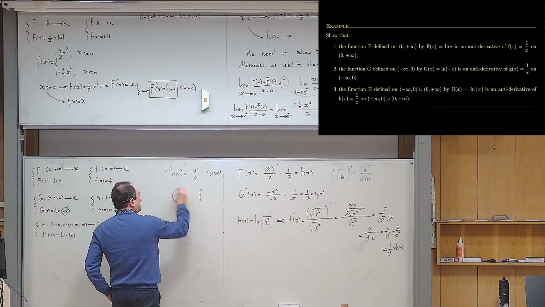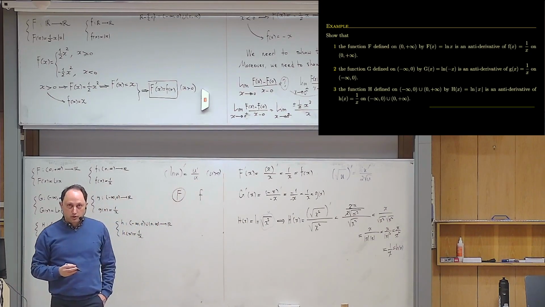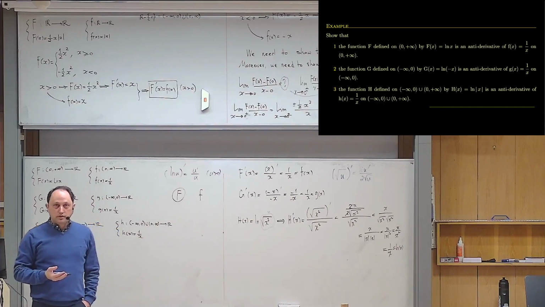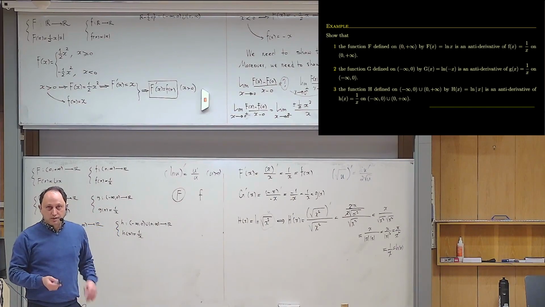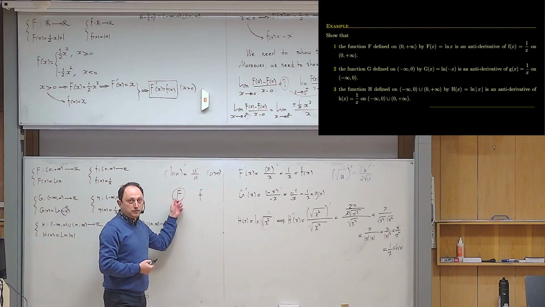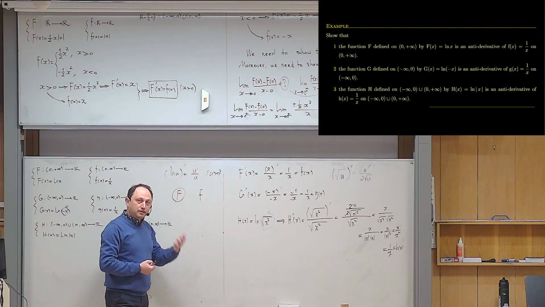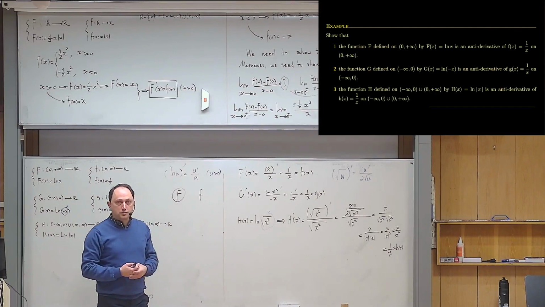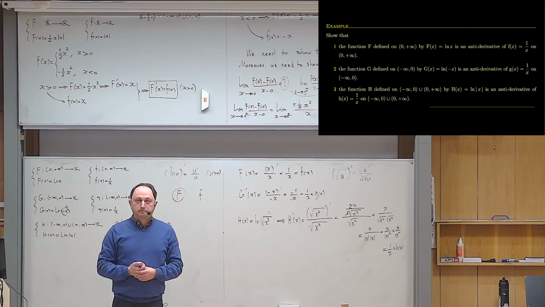So automatically it means that this is also continuous. So primitive functions are continuous as well on the domain that we are working, because by definition they are supposed to be differentiable on their domain, and if a function is differentiable, it's automatically continuous as well.